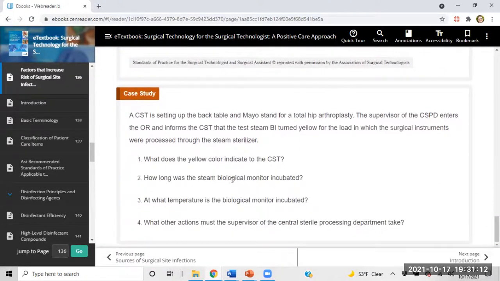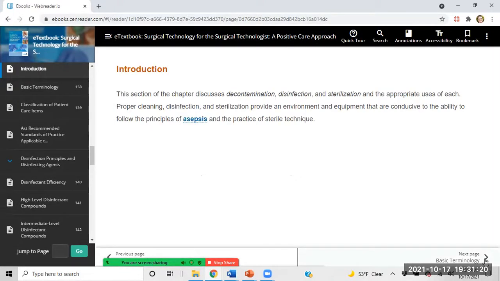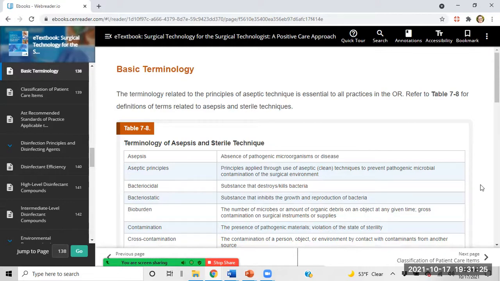And then there's a case study that is very helpful to read through. All right, here is terminology for you to review.